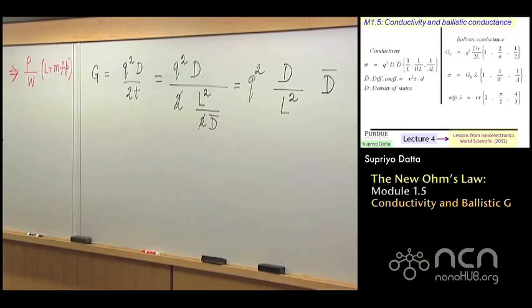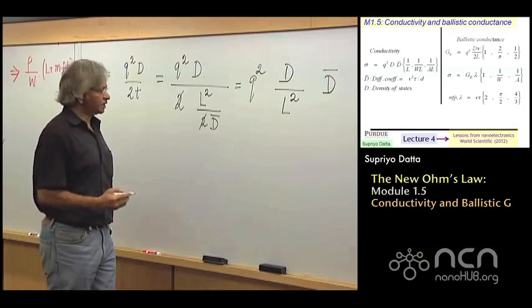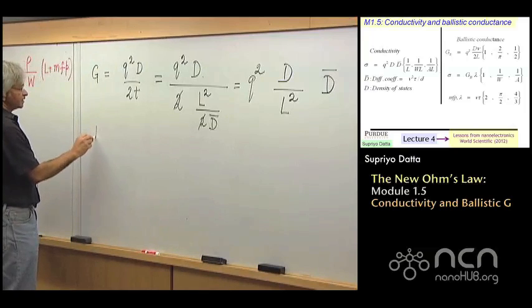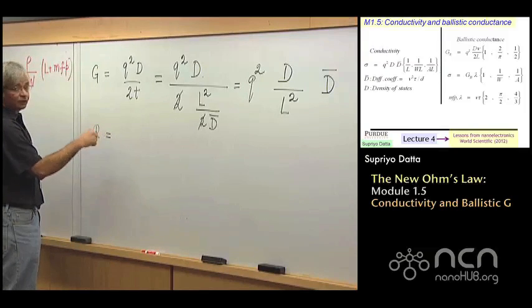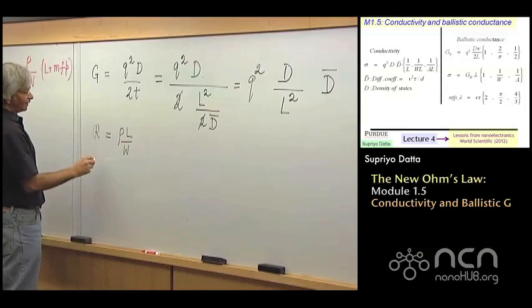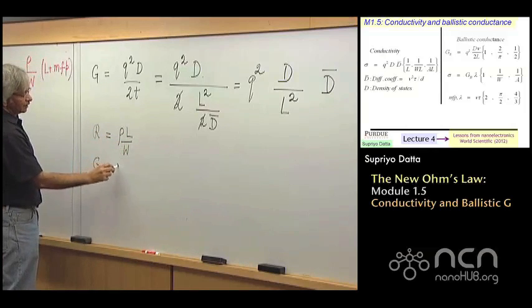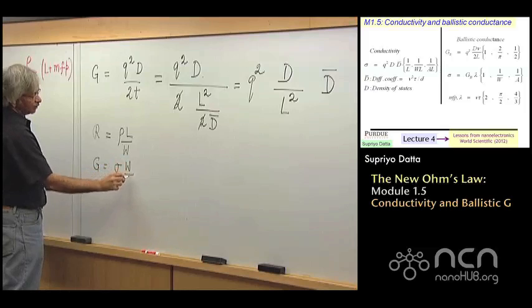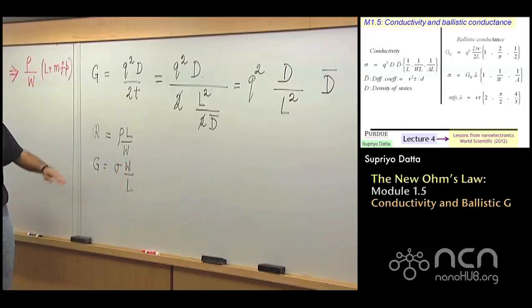Now if you want the expression for conductivity, the point to remember is that just as resistance in Ohm's law is given by rho L over W, conductance is given by conductivity times W over L. That is, conductance is the inverse of resistance.